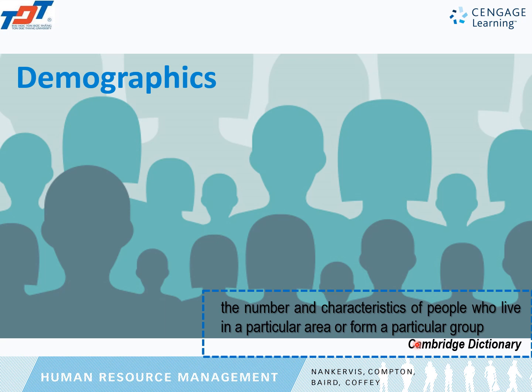In very simple English, demographics is the study of population. Why is demographics important to the human resource management field? Again because it deals with people, just like HRM does.